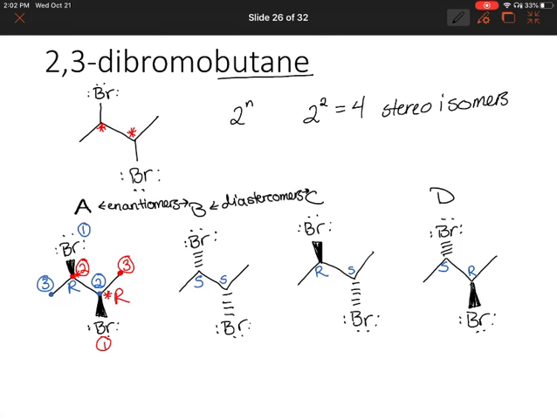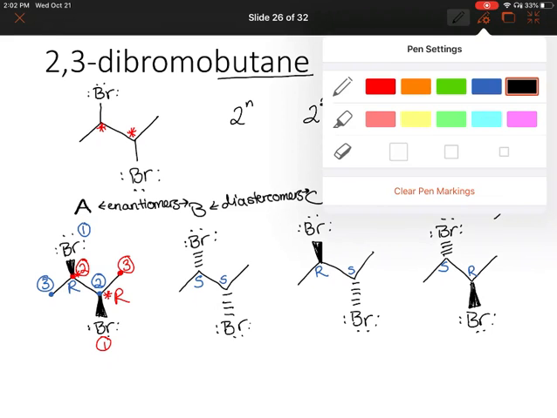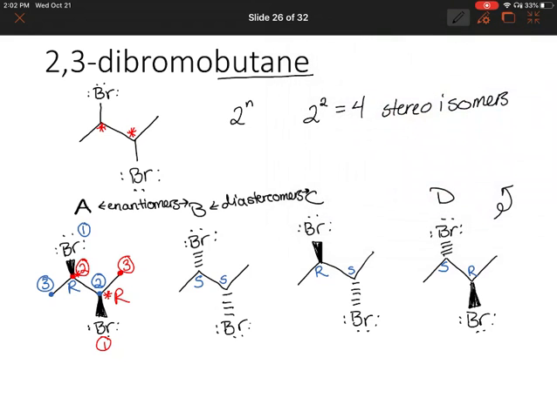All of the stereocenters are different. However, what if we flip structure D? So let's just turn it over 180 degrees. We end up with the same exact molecule as C.